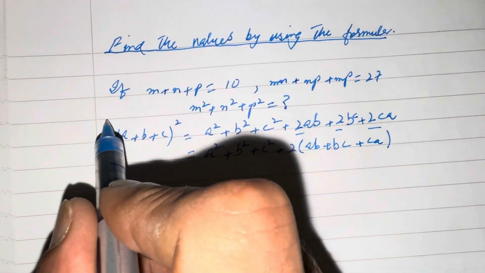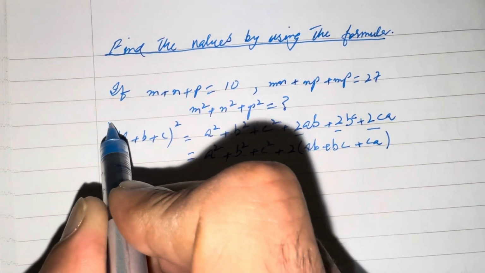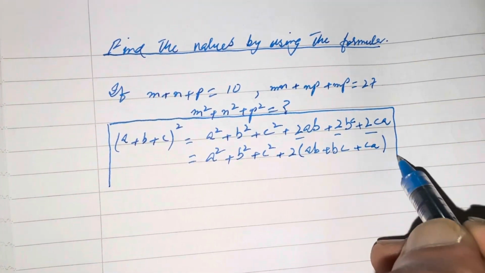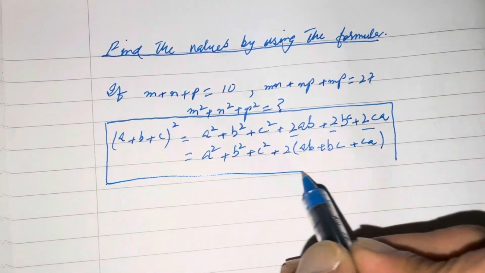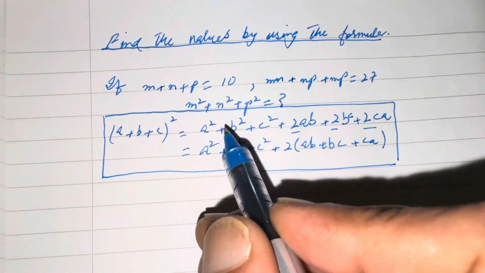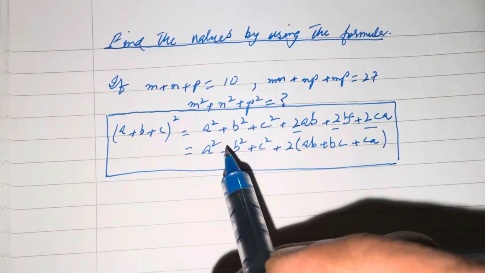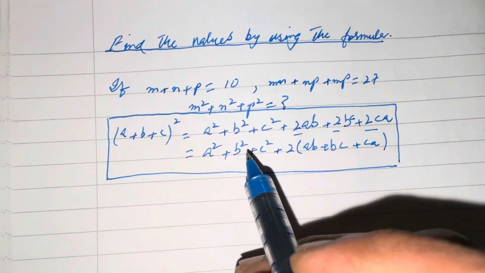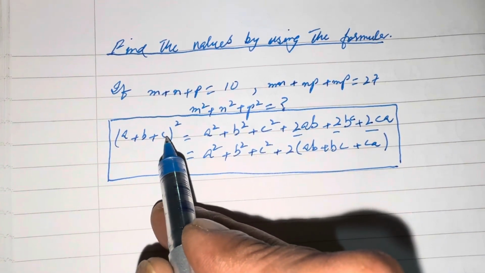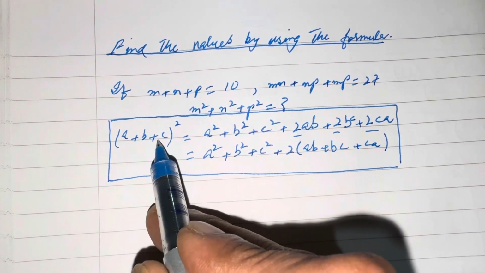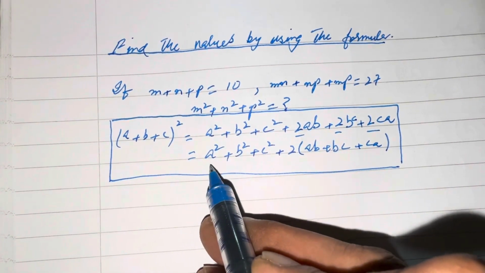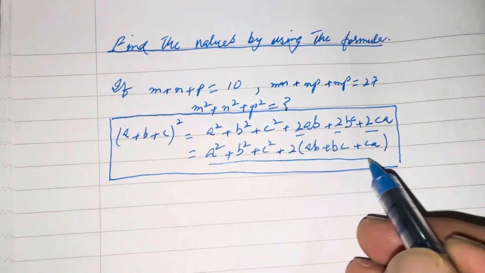So that's the formula that we are going to use in this question to find the value of m square plus n square plus p square. So that was the formula that, if you remember, three different variables adding with each other and taking the square of them will be written in this form.